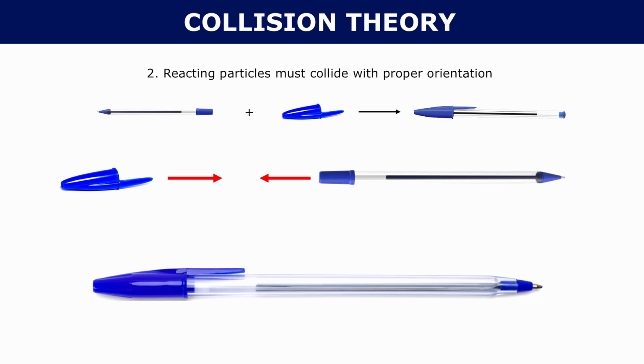It's not the orientation that you want. So you never end up getting the product that you want. So these reacting particles must collide with proper orientation. If this pen over here was flipped, if the tip was on this side and the end was on the other side, then you would have the right product.